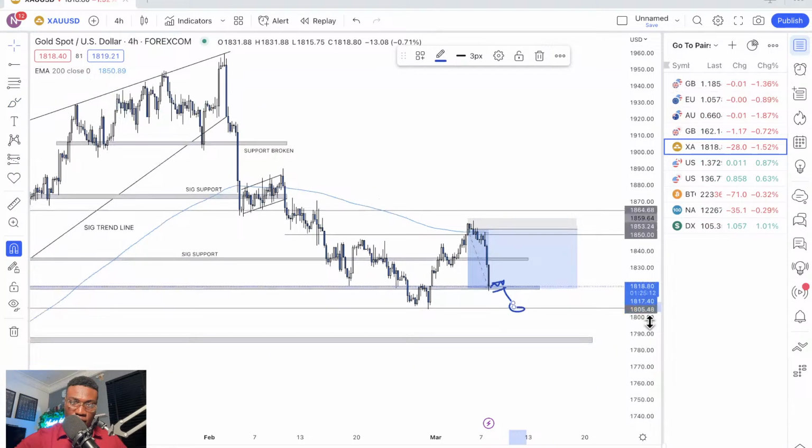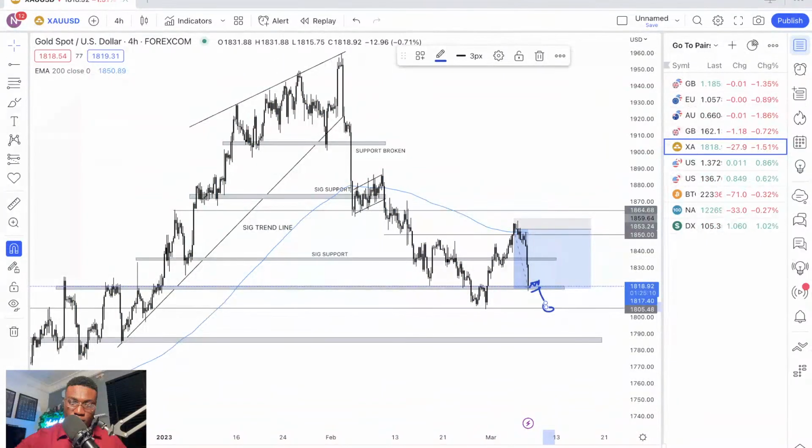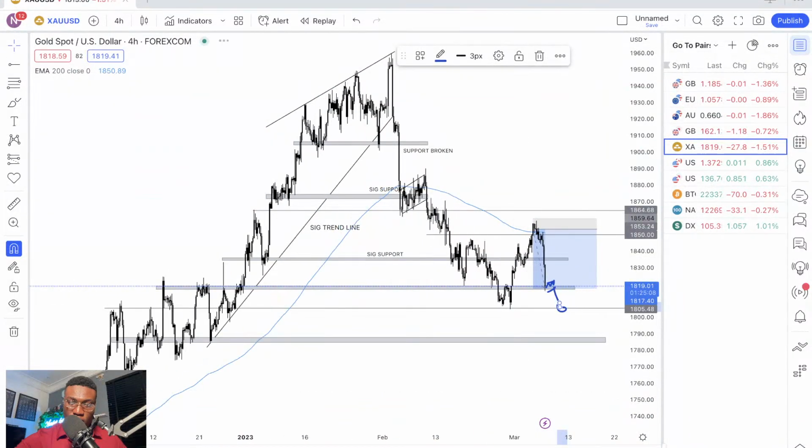And I'll be very comfortable to look for buy opportunities on gold if it gets down to this point. Right? So this is the area where I want to start looking for buy opportunities on gold. But until then, I expect gold to still push to the downside.